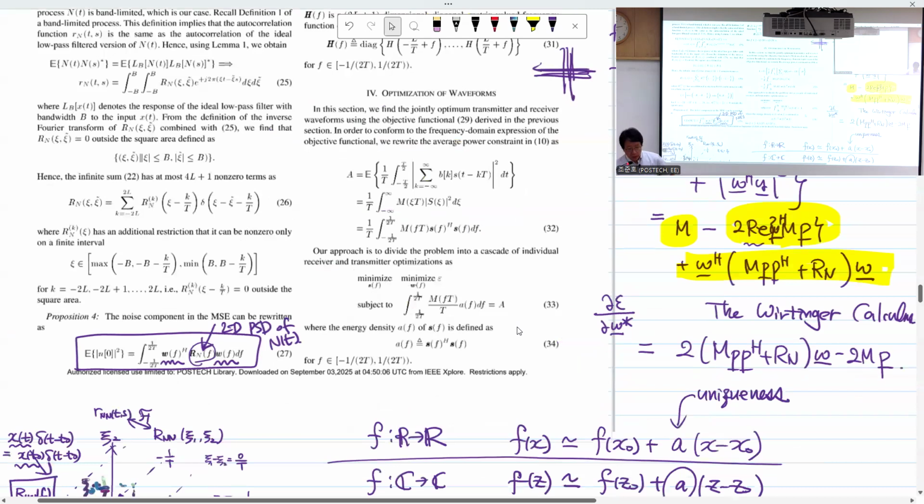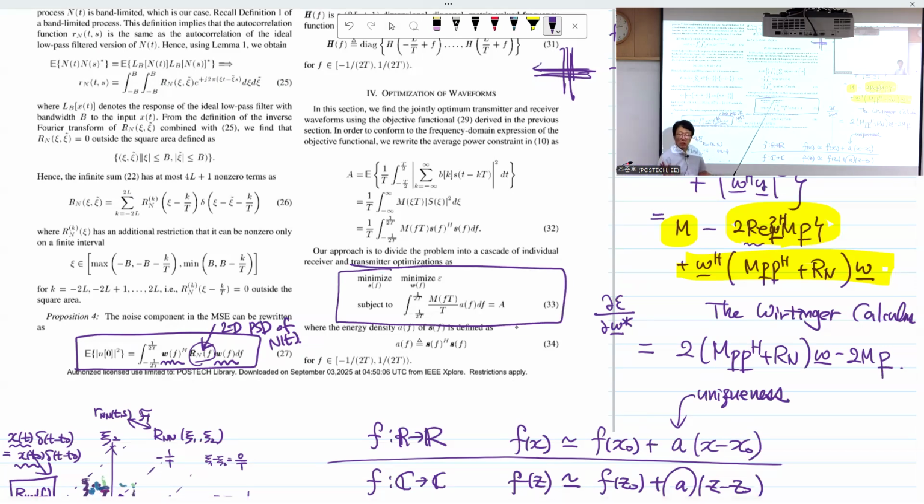Now, let me justify why we do this. First, we want to minimize. I'm first claiming that the problem can be put into this double minimization problem. Before, our problem was what?